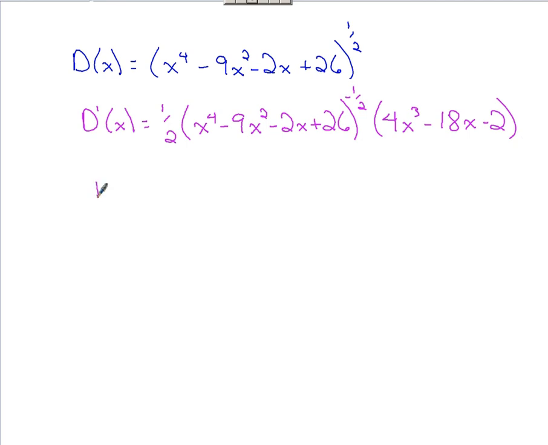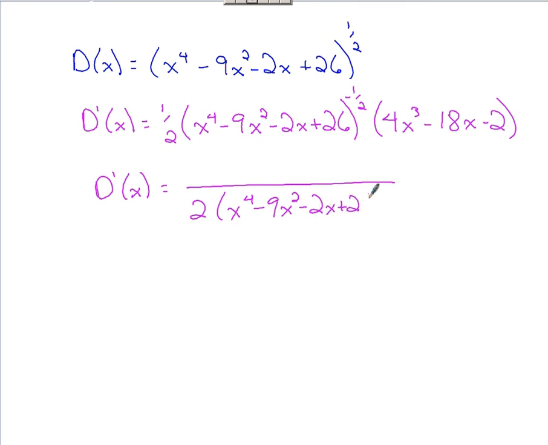Everything is lumped together through multiplication. We can clean this up a little bit, create a big fraction. Denominator would have a 2 in it. We have that quantity that was raised to negative 1/2 bumped downstairs. That changes the power to a positive 1/2. Leftovers on top, you got a 1 and you got the 4x cubed minus 18x minus 2.